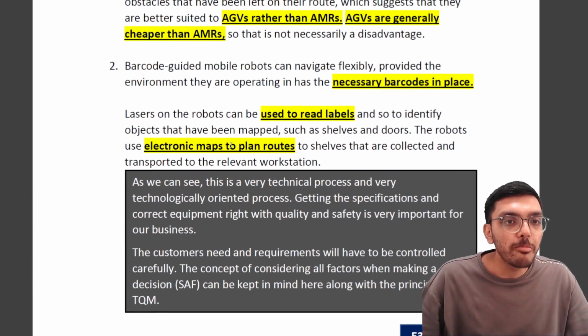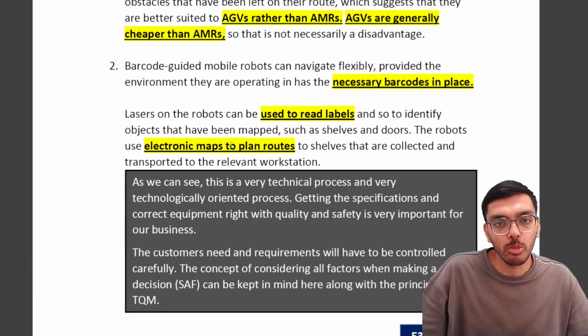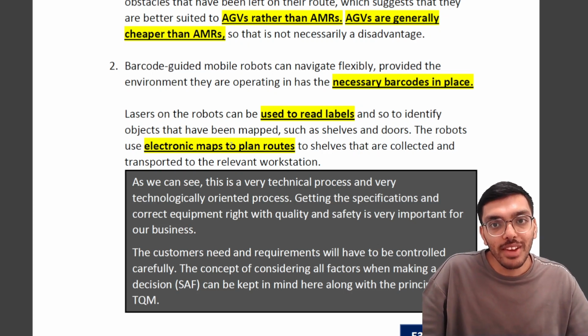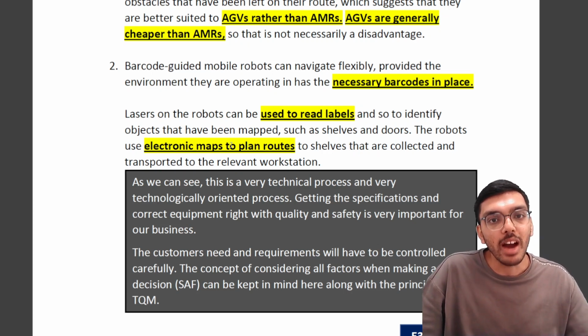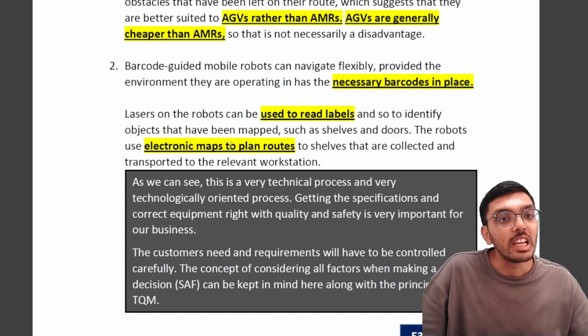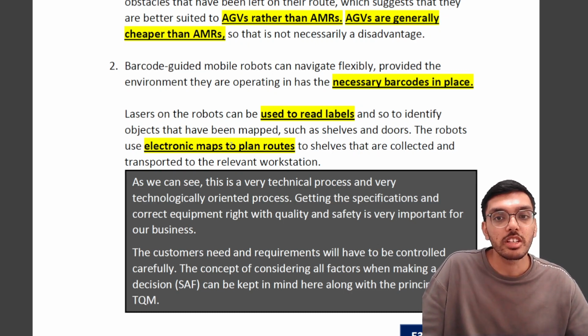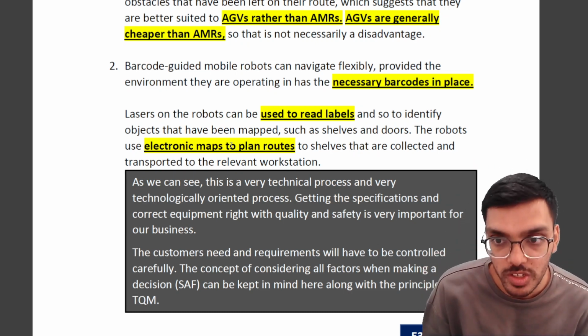Second, we have barcode guided mobile robots. So barcode guided mobile robots can navigate flexibly provided the environment they are operating in has the necessary barcodes in place. Lasers on the robots can be used to read labels, so they identify the objects that have been mapped, such as shelves and doors.